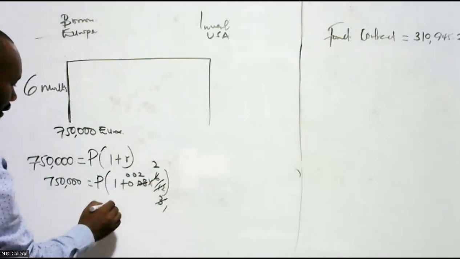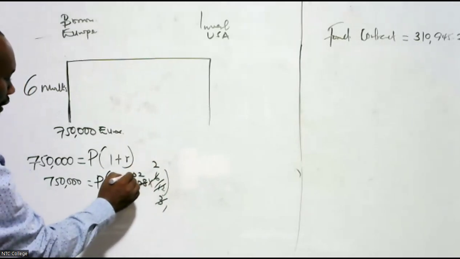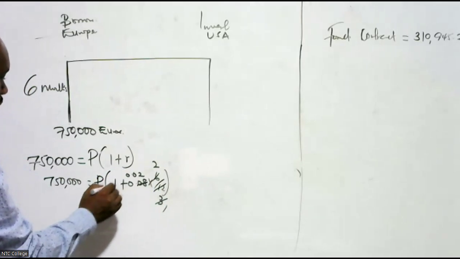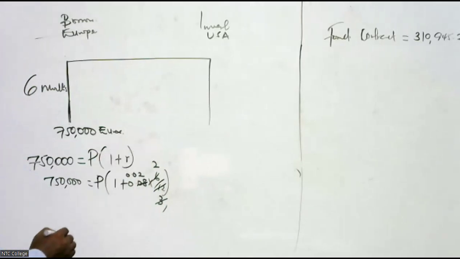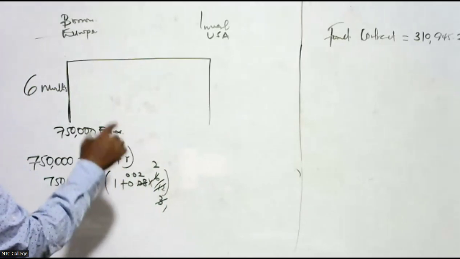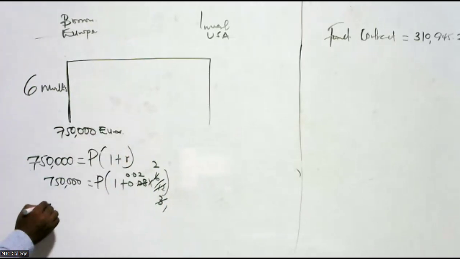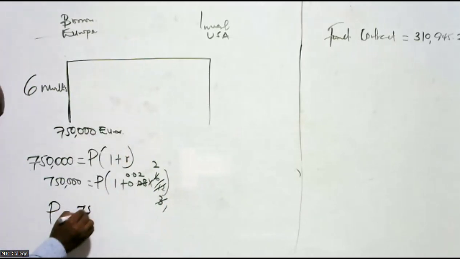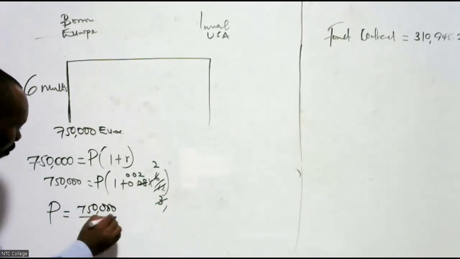So this is the same as 1.04. So we are saying that our P is equal to 750 all over 1.04.